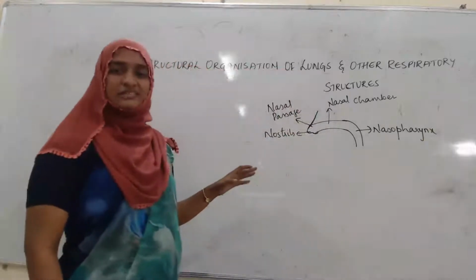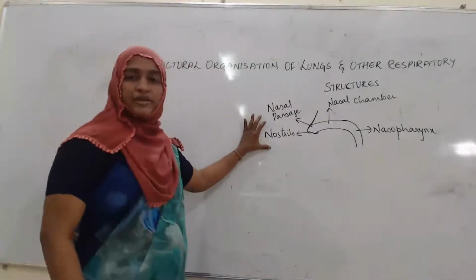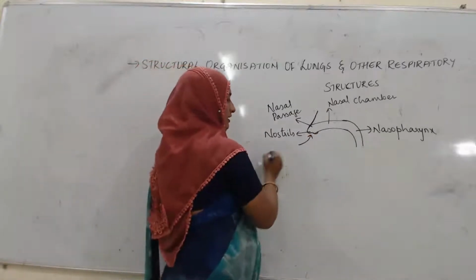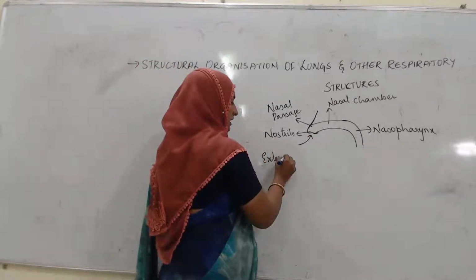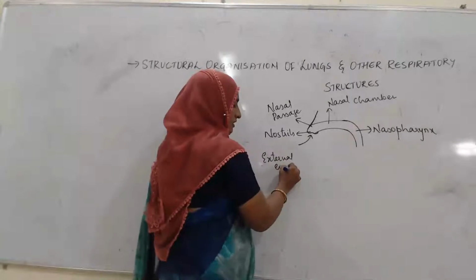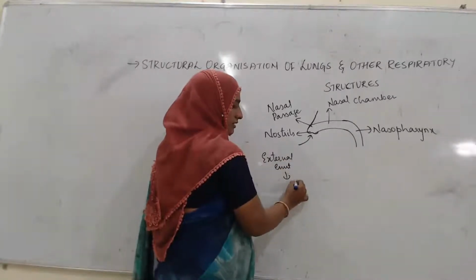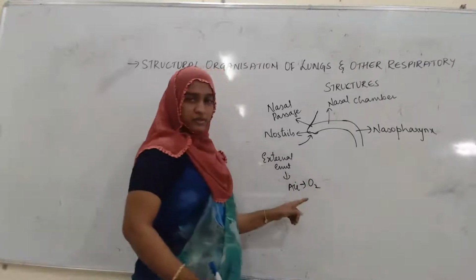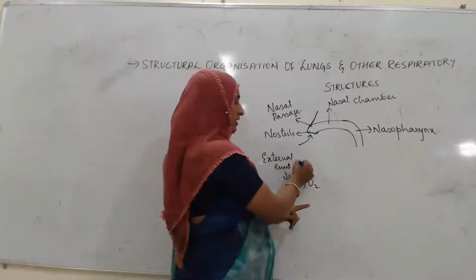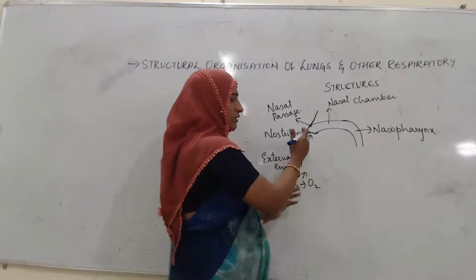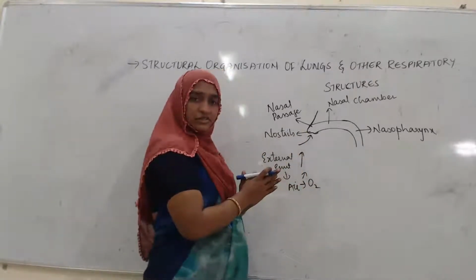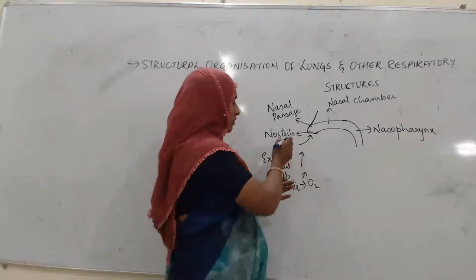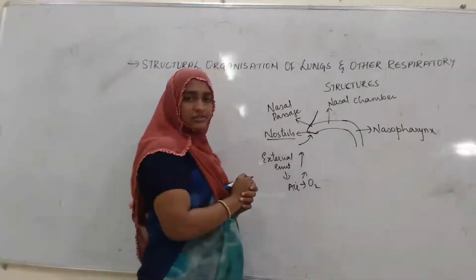Listen carefully, once again I will tell you. Opening on the nose, for what reason? This is the external environment, for example the air. In air there is free oxygen. This oxygen is inhaled by human beings or animals through the nasal opening, which we call the nostrils.